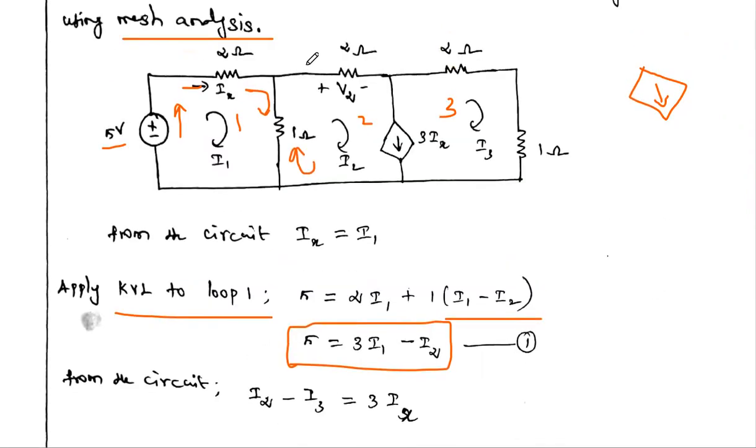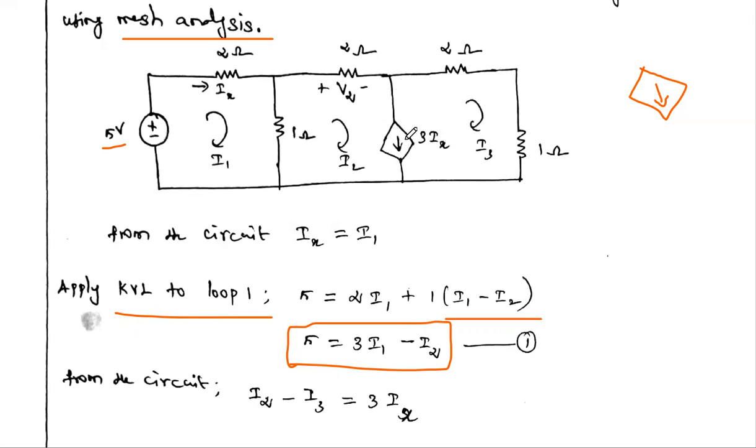Next, we have to write a super mesh equation in terms of this current source. We can't write the ordinary KVL equation for loop 2 and loop 3 separately, since one current source is available between loop 2 and loop 3.